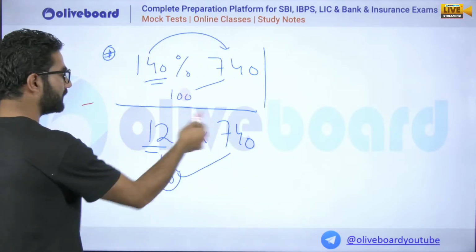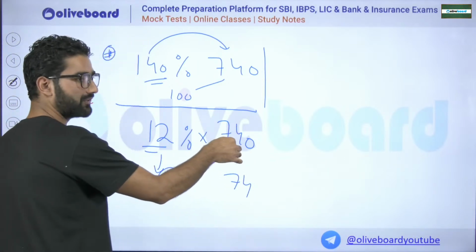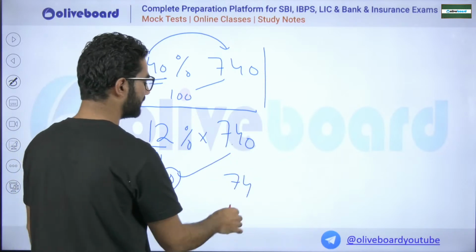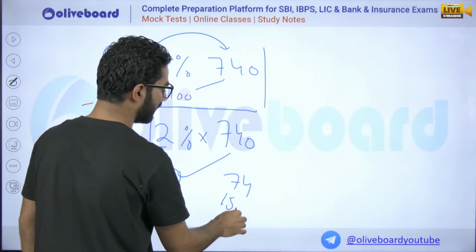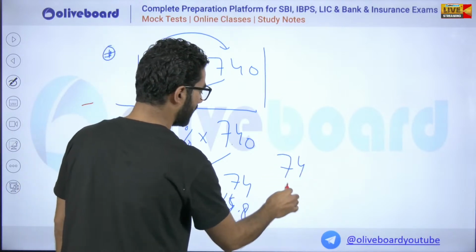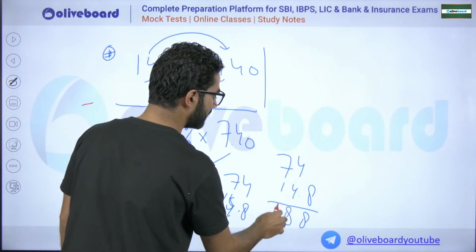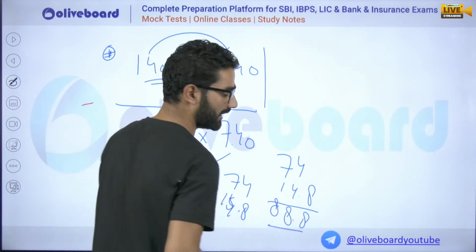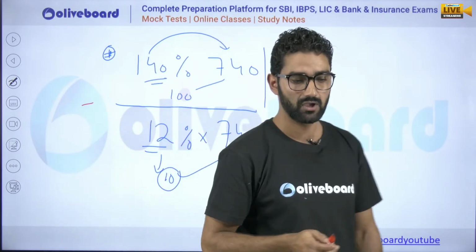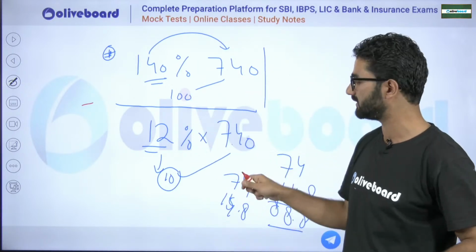How? 10 percentile of this will be 74. 1% will be 7.4, 2% will be 14.8. So this is the exact value we can get: 74 plus 14.8 is 88.8, which will be the 12 percentile value. So if you have bigger terms, small terms, lesser terms, we can split this percentile.